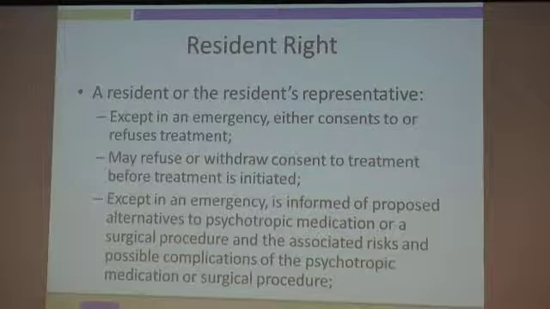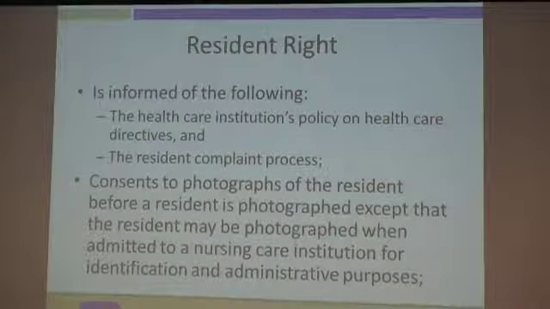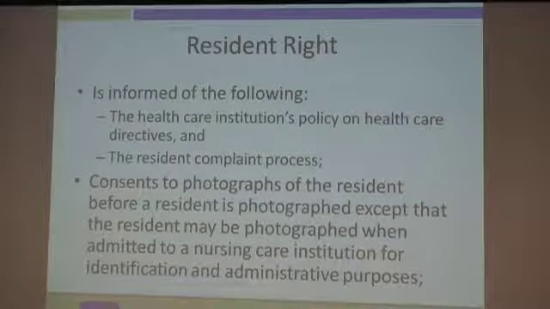Okay. All right, the resident is informed of the following: the healthcare institute's policy on healthcare directives and the resident's complaint process. So in other words, how they are able to, and who they're able to file a complaint with.